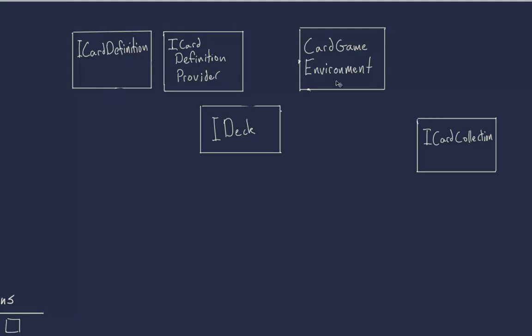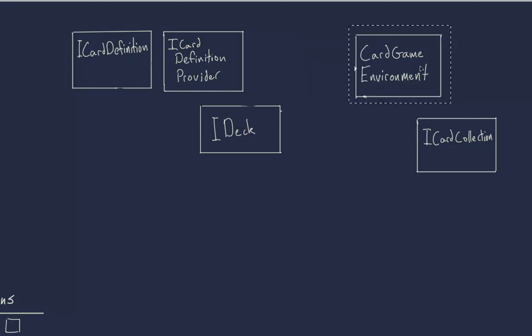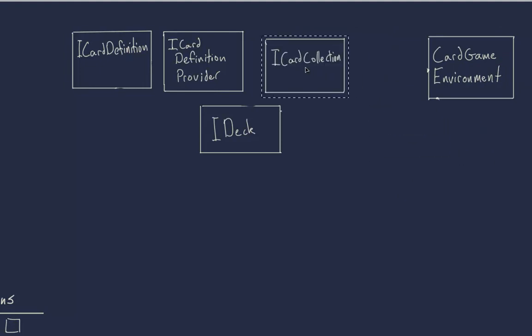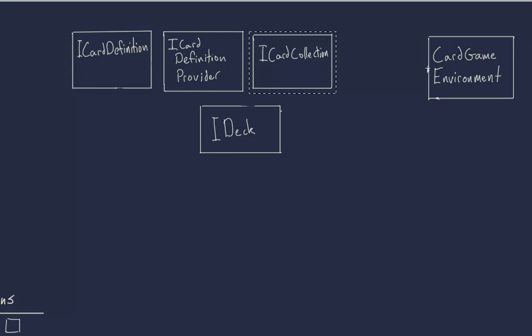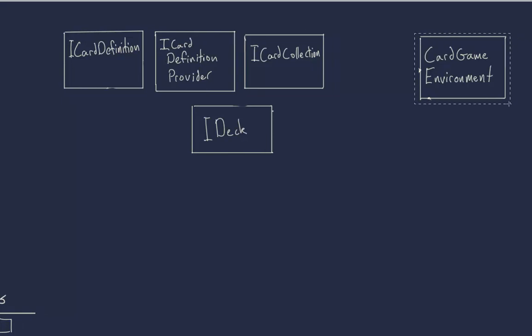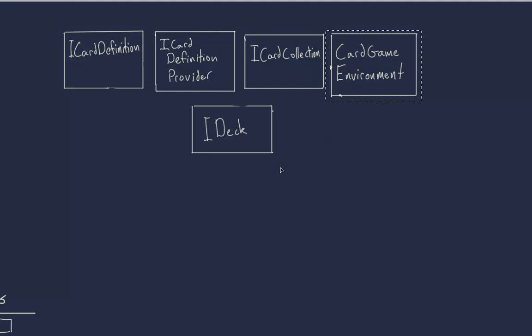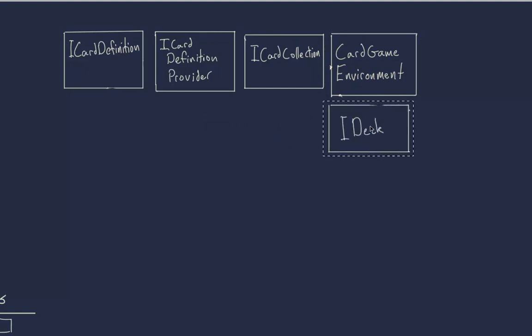And to the right of iCard collection goes the card game environment. Okay. And then under the card game environment goes the iDeck. Sure. Okay, he's yanked right there, and the iDeck goes under the card game environment.